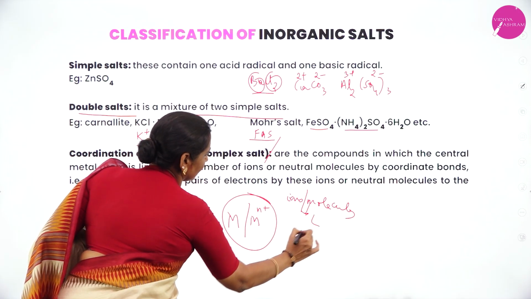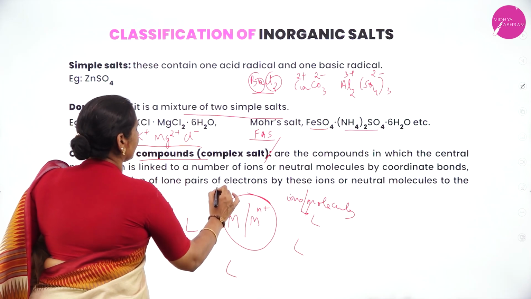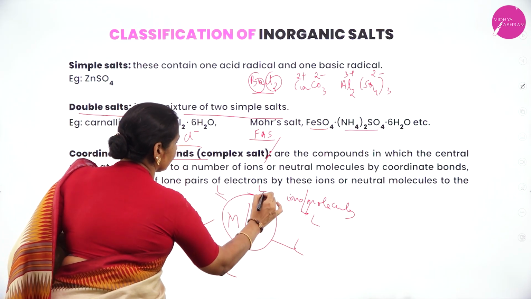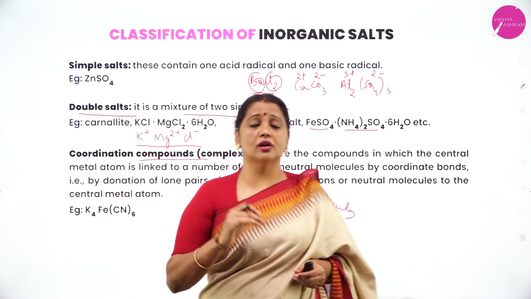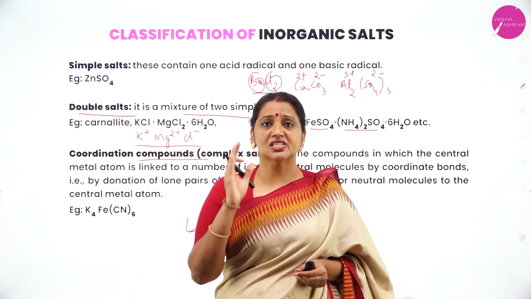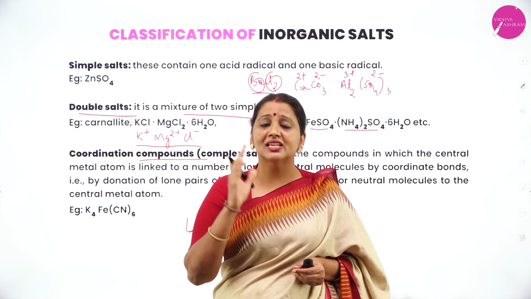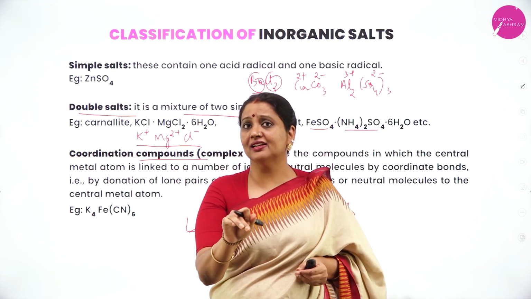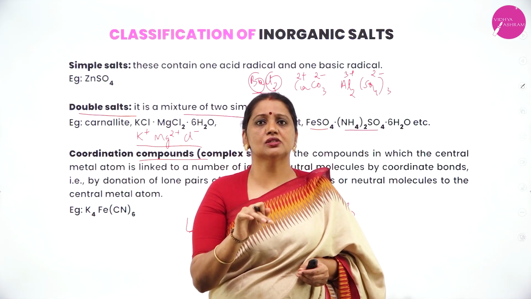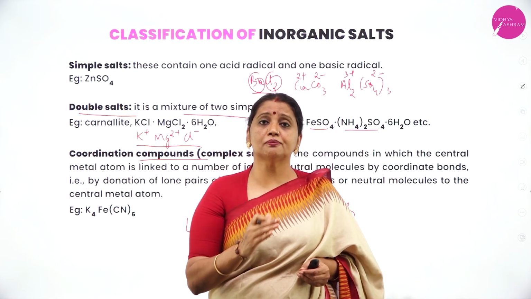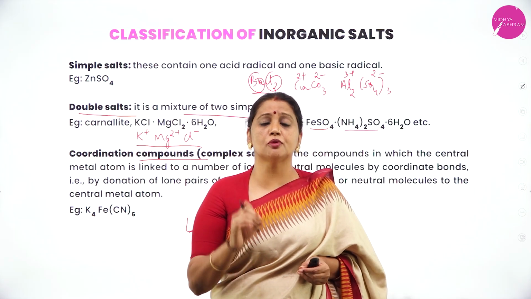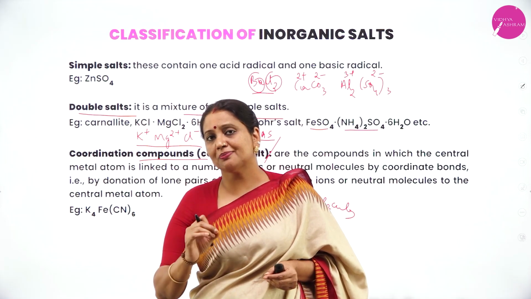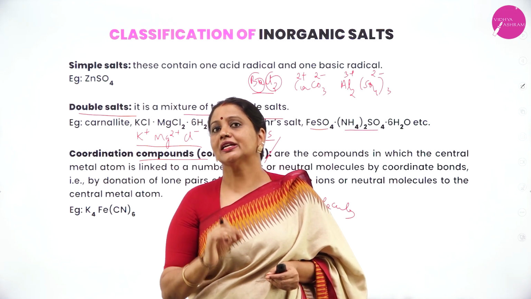They are collectively called as ligands, and they are bonded to the central metal atom or ion through coordinate bond. Because of the presence of coordinate bond or dative bond, these are called as coordination compounds. Because of the presence of complex ion, they are also called as complex salts.